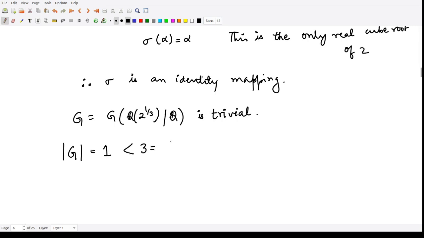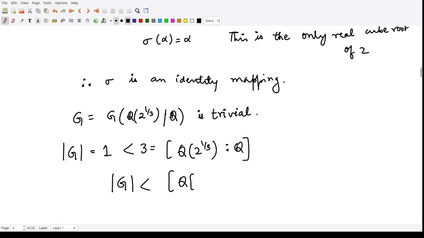And what was 3? 3 was the degree of Q(2 to the power 1 by 3) over Q. So that means the order of G would be less than the degree of Q(2 to the power 1 by 3) over Q.